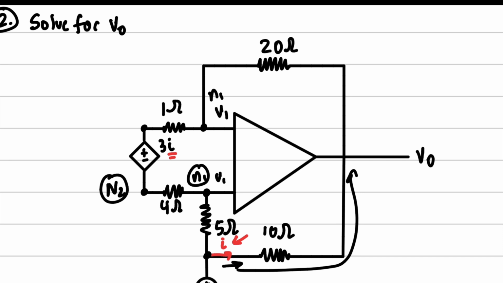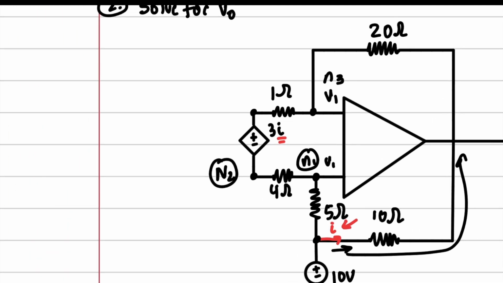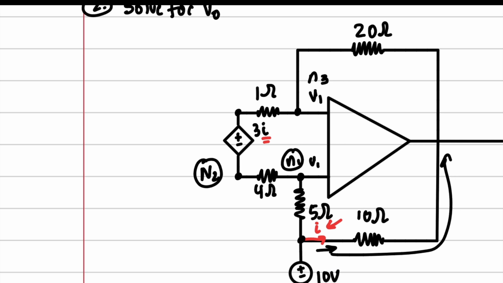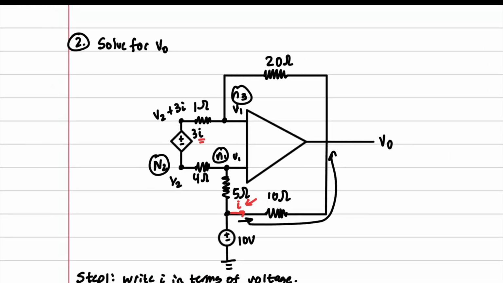That will be N2 right here. Actually, I'm going to call this N3. You know why? Because we have this labeled as N2 already. And we're going to call this V2, and this V2 plus 3i. Okay, and those are all the nodes that we need.